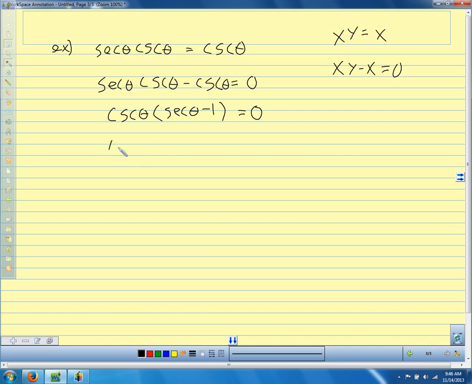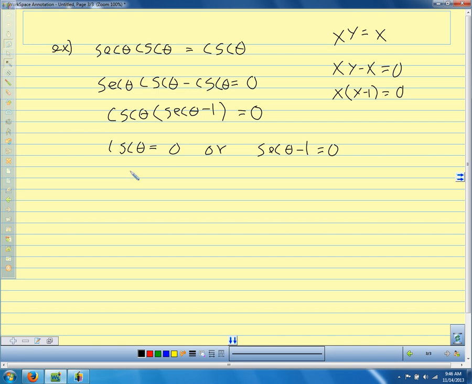So I say cosecant theta equals 0, or secant theta minus 1 equals 0. So I get two possibilities. If I'm multiplying two things together to get 0, one or the other has to be 0. Same thing that we would do here. If I pulled this out, y minus 1 equals 0, we would say x equals 0 or y minus 1 equals 0. All right, so cosecant theta equals 0.